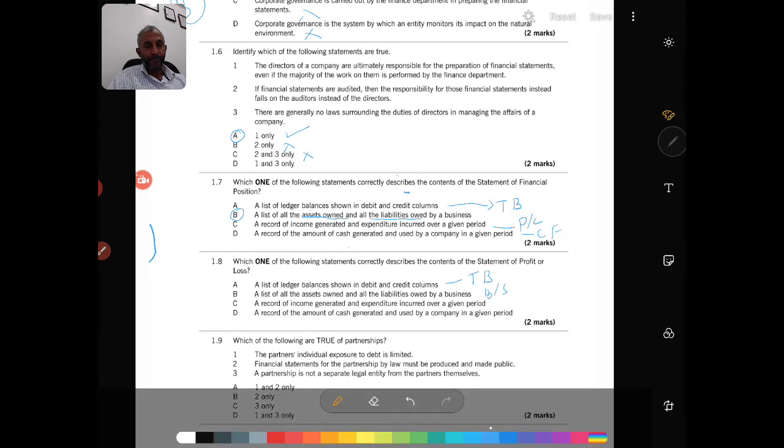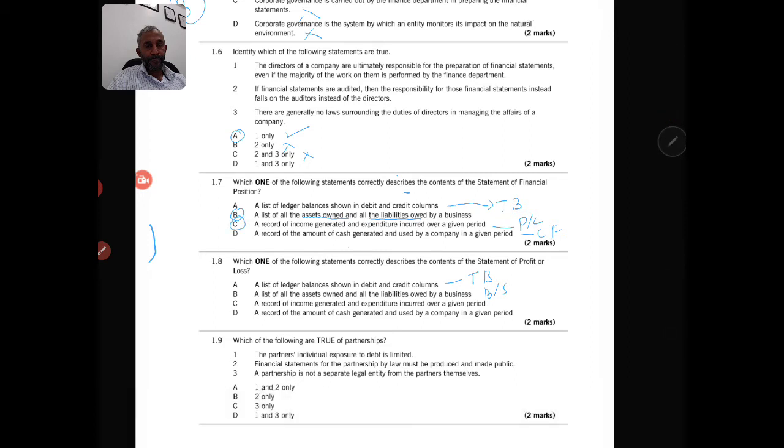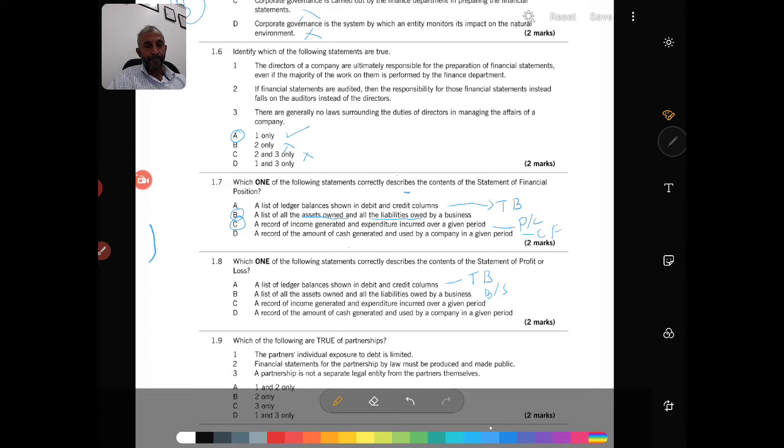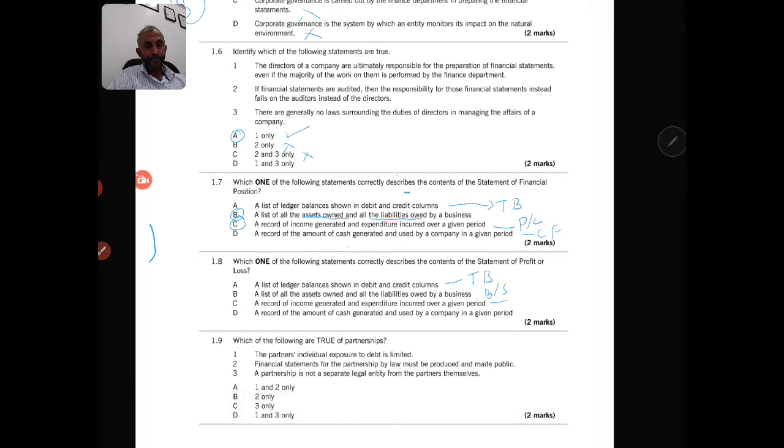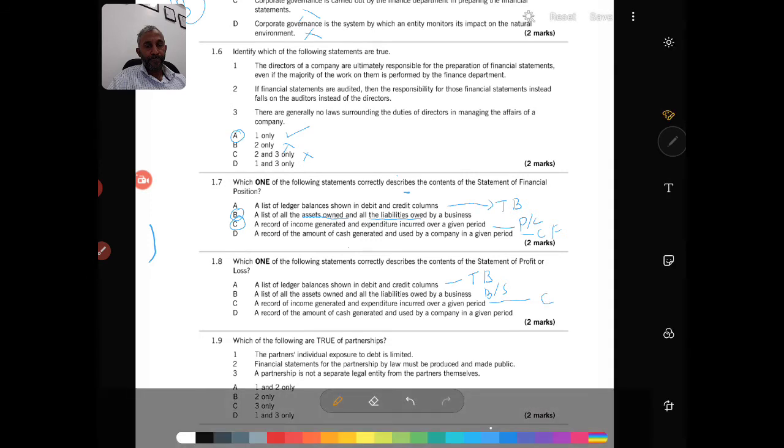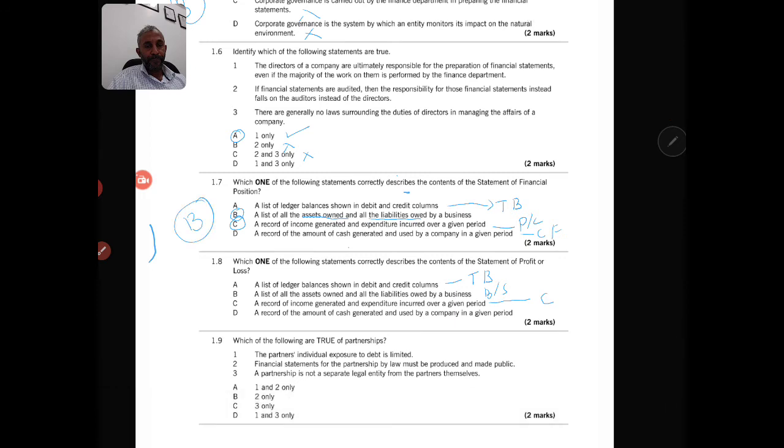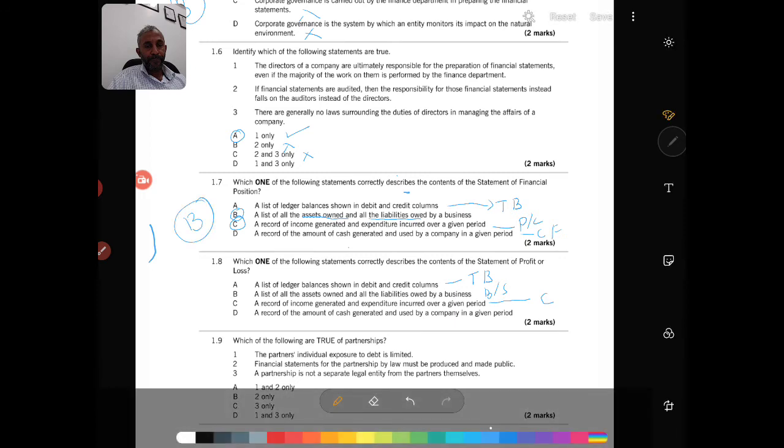C, a record of income and expenditure incurred over a given period. So that is the answer actually. So 1.8 answer is C. Right? So 1.7 answer is B, 1.8 answer is C.